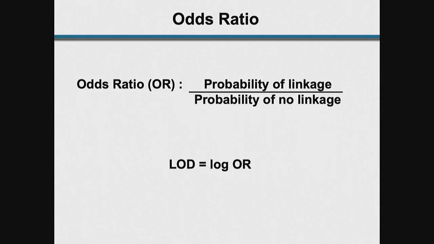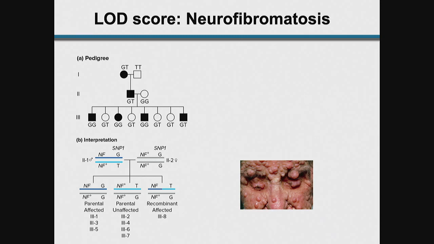Okay, I'm going to do a little digression here to show how LOD scores are calculated, and this is easier to understand in the context of a pedigree, all right? So I'm going to take a little bit of a digression into a pedigree analysis of LOD scores. In this example, which is about neurofibromatosis, a dominantly inherited autosomal condition which causes nervous tissue to proliferate uncontrollably, it forms tumorous bumps that are usually benign under the skin, but can sometimes also develop into malignant tumors.